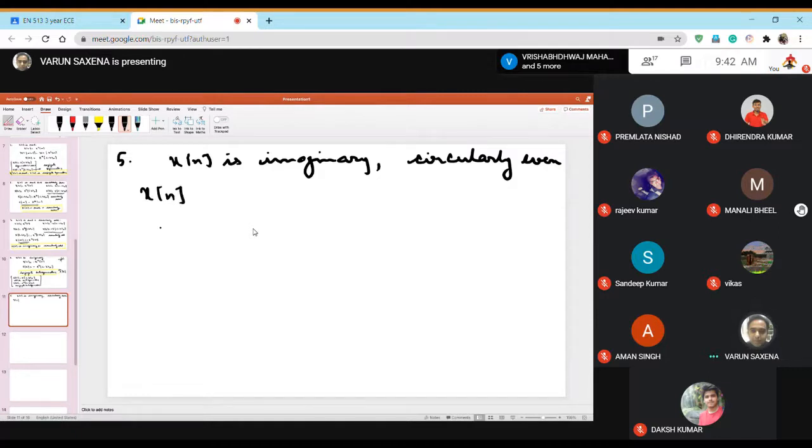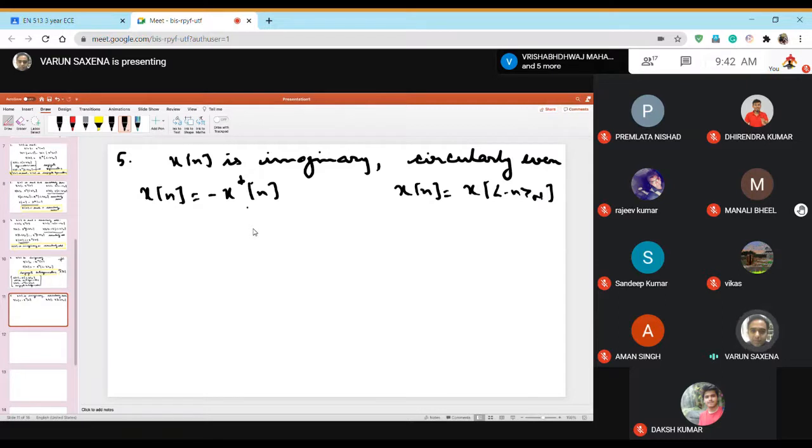So if xn is imaginary, then xn would be minus x conjugate n, and if it is circularly even, then xn will be the same as x of minus n modulo n.